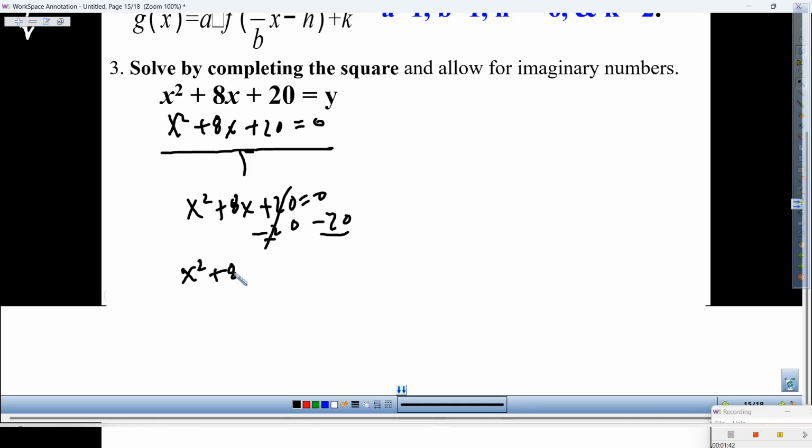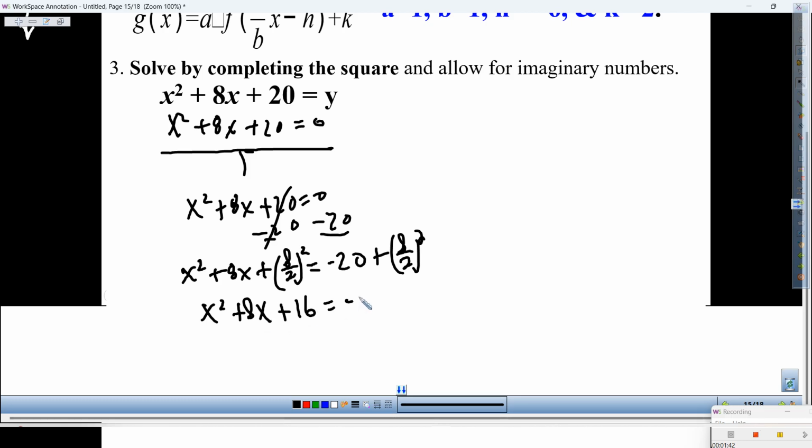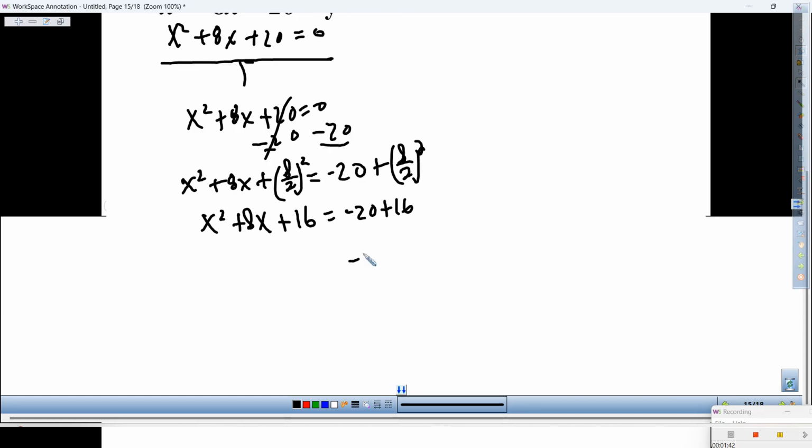X squared plus 8x equals negative 20. Add 8 over 2 squared to each side. We end up with x squared plus 8x plus 16 equals negative 20 plus 16. This becomes x squared plus 8x plus 16 equals negative 4.